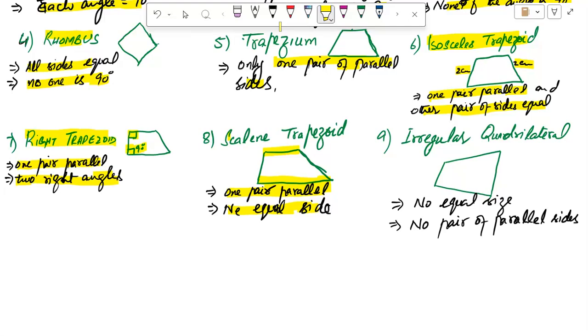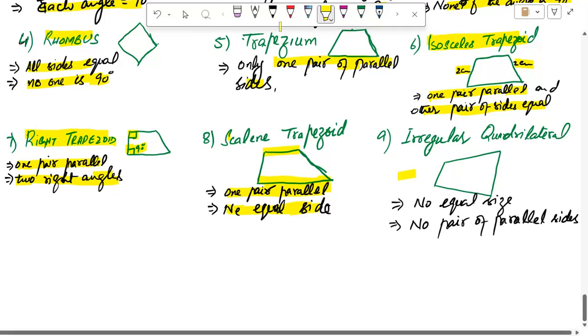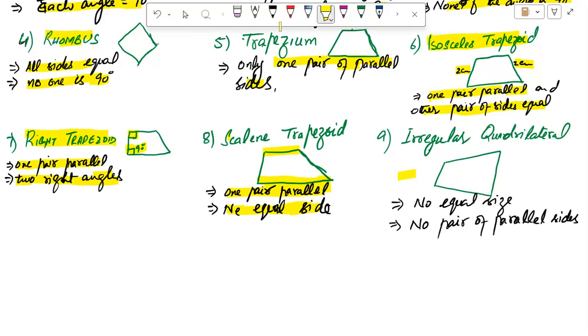However, one pair is parallel, which is the requirement of the trapezoid, and no side is equal, right? These are the different types of trapezoid. So we discussed the trapezoid, then the isosceles trapezoid, then the right trapezoid, then the scalene trapezoid.